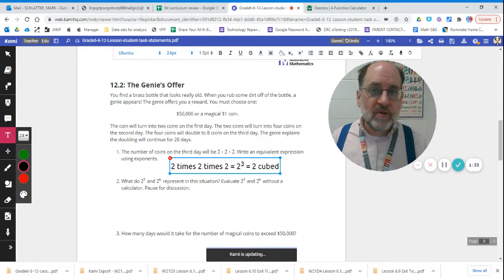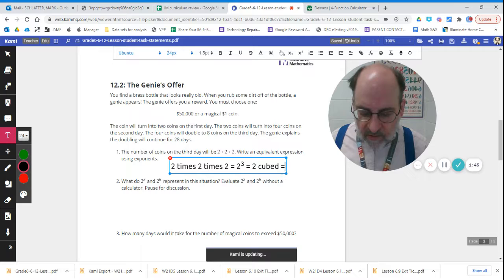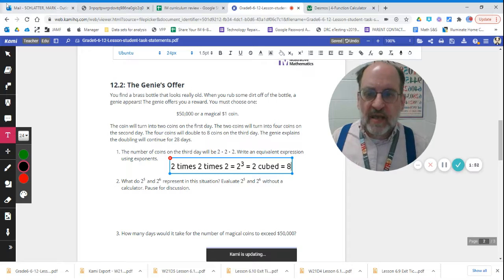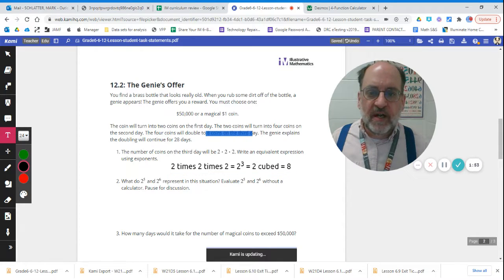We talked about this when we talked about volumes. 3 2s multiplied together is 2 to the third power, 2 cubed. And by the way, that's equal to 8. That is 8 coins that you have on the third day, and in fact, that's what we see right up here, 8 coins on the third day.